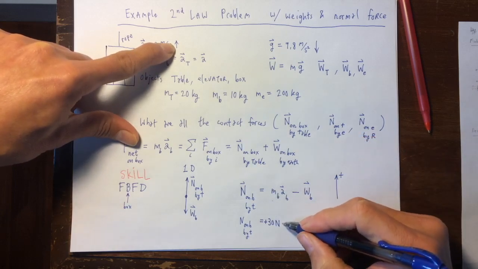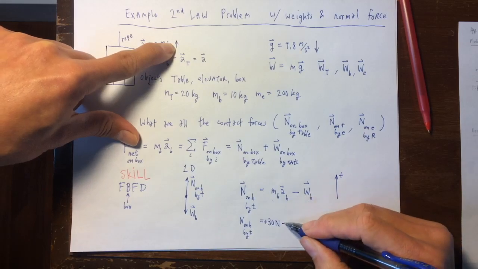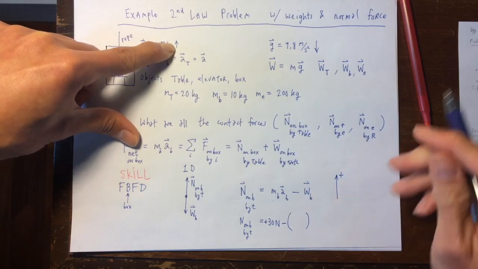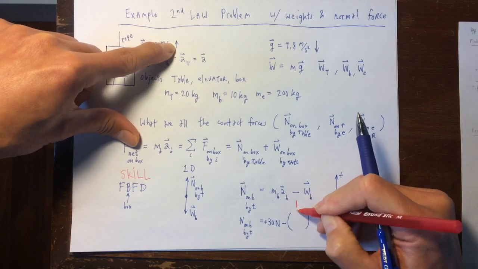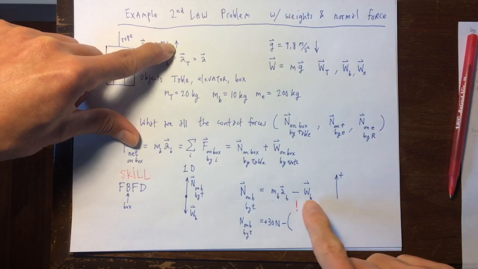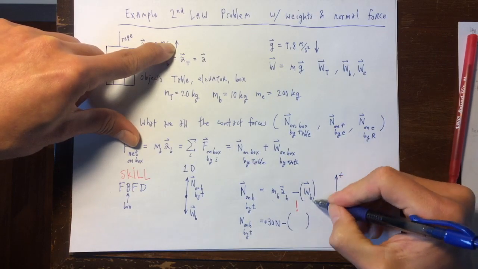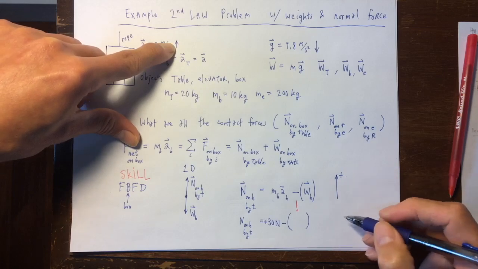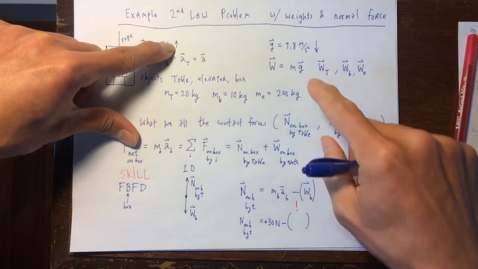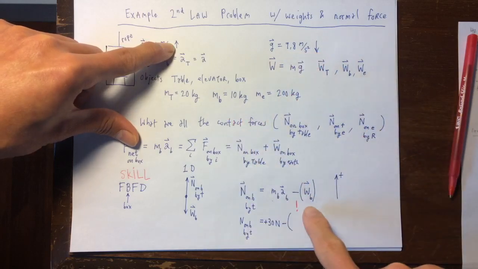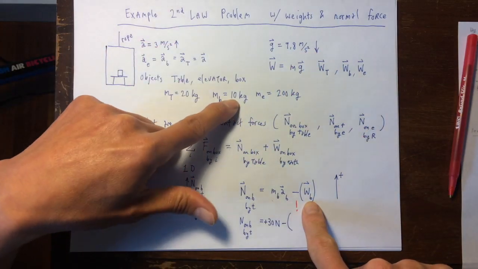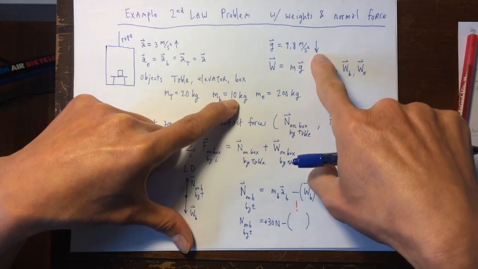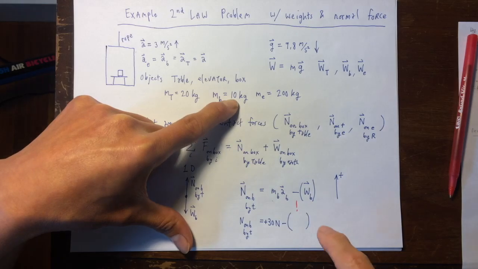And then there is a minus sign there, so I'm going to put it there. And in parentheses, I've got to be really careful. You have to be careful, so I'm going to draw an exclamation point. In parentheses, I'm going to put the value of the weight force against this positive direction arrow. So I know that the weight force is the mass of the box, 10 kilograms, times the acceleration due to gravity on the Earth, which is that downwards value, 9.8 meters per second squared.